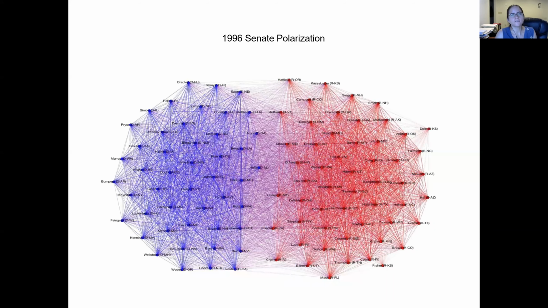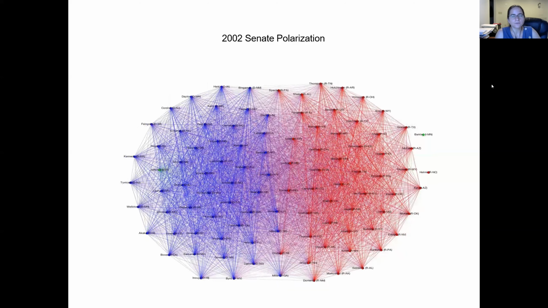If we move on to 1996 Senate polarization, you can see that the degree to which Democrats and Republicans are voting together is starting to go down substantially. And when we move to 2002, well, things actually seem to be getting better. The interconnections seem to be denser between Republicans and Democrats.